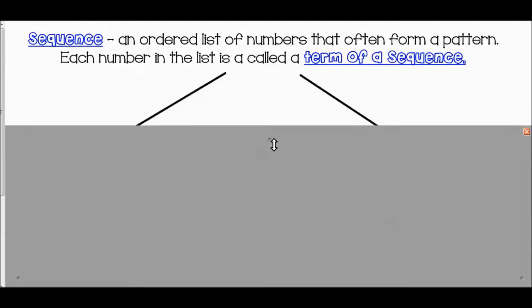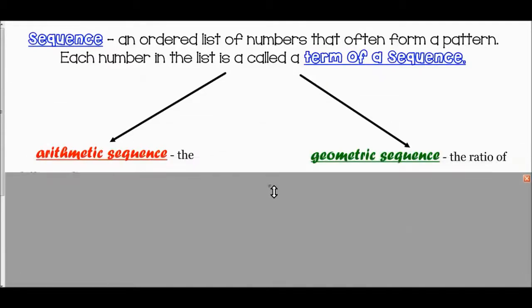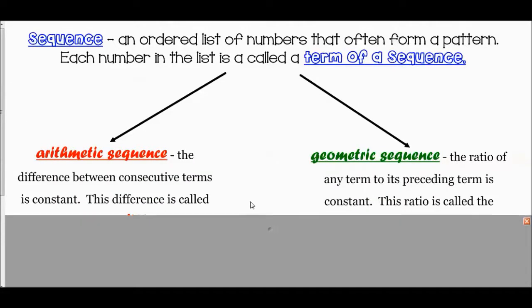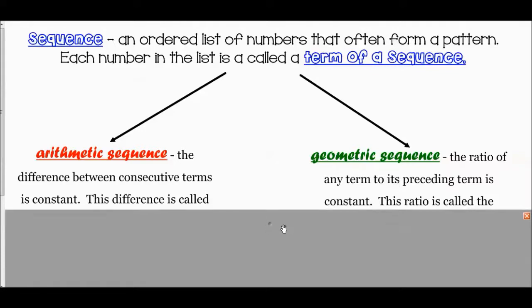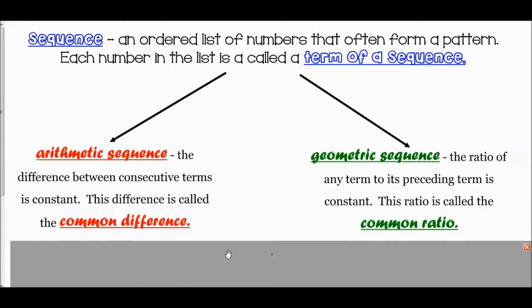Now, sequences can be put into two different categories. You have arithmetic sequences and you have geometric sequences. You've worked with both of these in the past. An arithmetic sequence is where the difference between consecutive terms is constant, and since it's difference, you're talking about subtracting or adding a negative, and that difference is called the common difference.